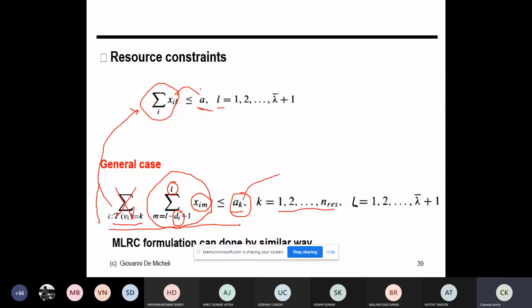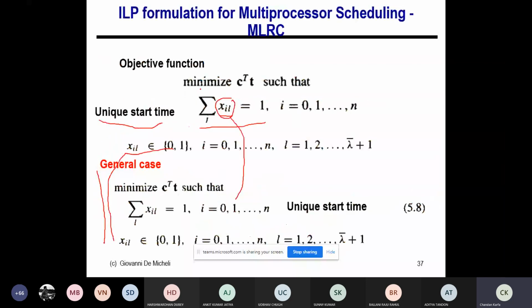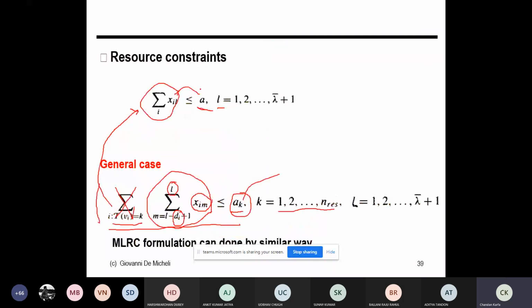So this is a much simpler constraint, but it still represents the same resource constraint, right? So that's all: the unique start time constraint is the same as the general purpose formulation. The data dependency is exactly the same, only dj is replaced by 1, and the resource constraint gets much simplified because here all operations are unit delay, and there are no multiple resources, there is a single resource, right?